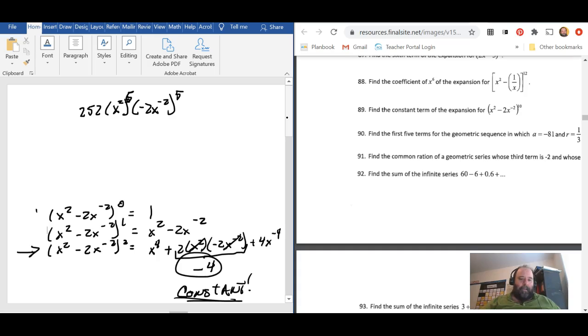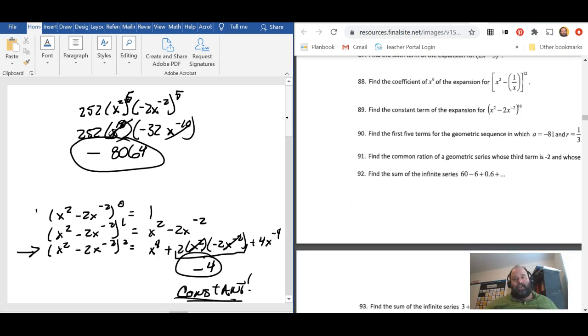So I get 252 x to the 5th, and then negative 32 x to the negative... that's going to be x to the 10th and x to the negative 10th. So these fall out, making negative, and then I need 252 times 32, which is 8,064, our answer. That's the constant term of the 10th expansion of x squared minus 2x to the negative 2. It's a tricky problem, but we got there.